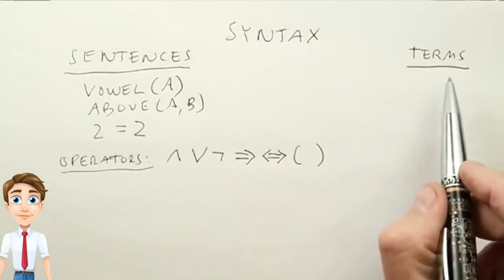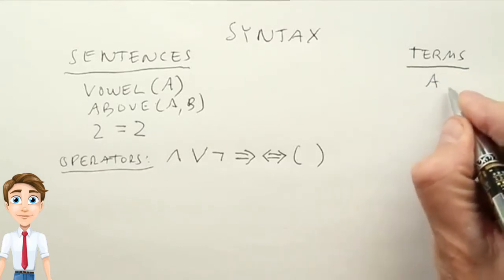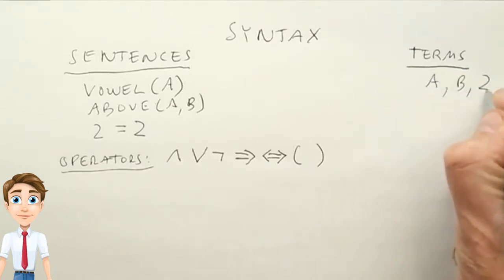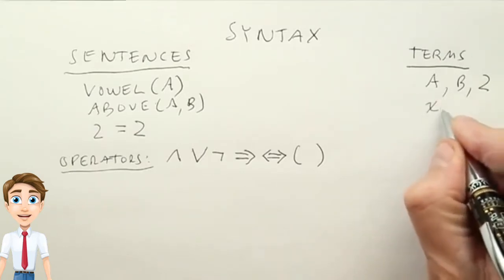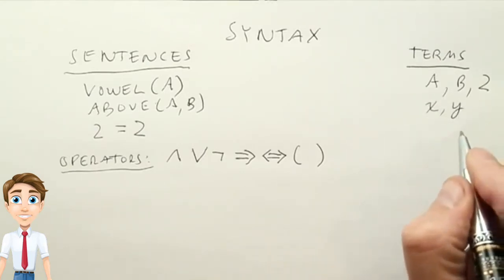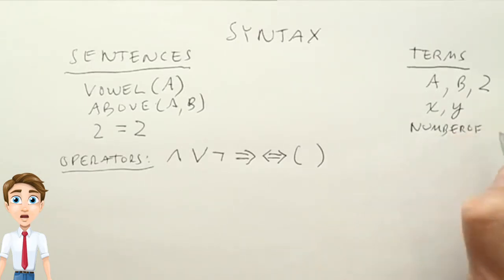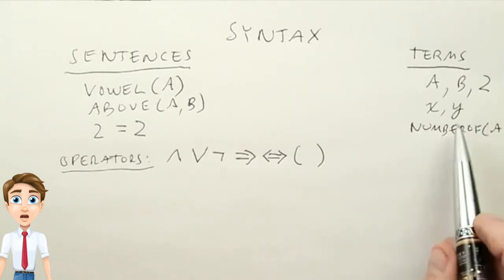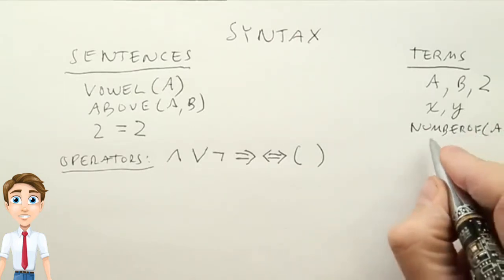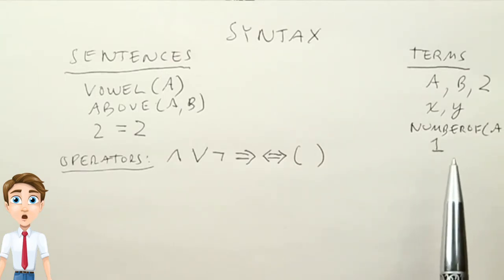Now, terms which refer to objects can be constants, like A, B, and 2. They can be variables. We normally use lowercase, like x and y. And they can be functions, like number of A, which is just another name or another expression that refers to the same object as 1, at least in the model that we showed previously.